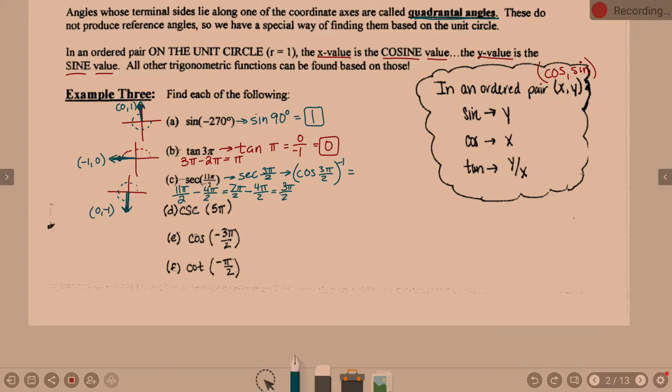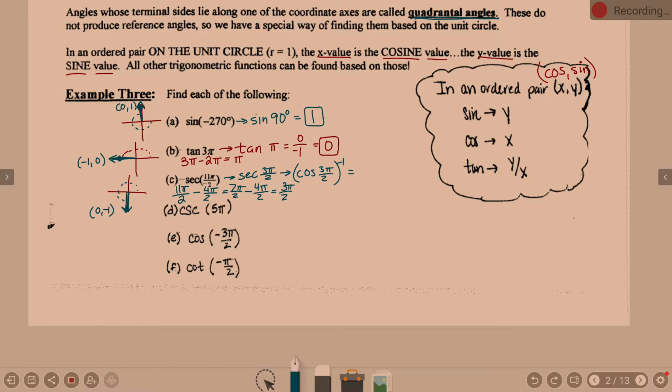This is a different one to think about, but so what is the cosine of 3 pi over 2? The cosine is 0. What's the reciprocal of 0? 0. No? Undefined. Remember that from yesterday?